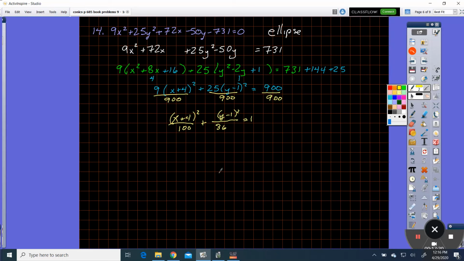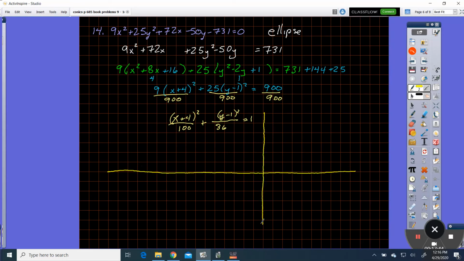So -4, +1. Square root of 100 is 10, so I come out here 1, 2, 3, 4, 5, 6, 7, 8, 9, 10. I'm going to label that. That's -14 and +1.